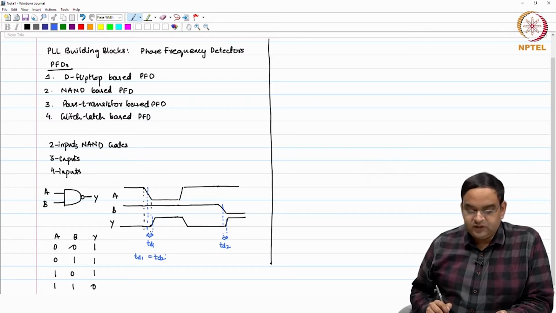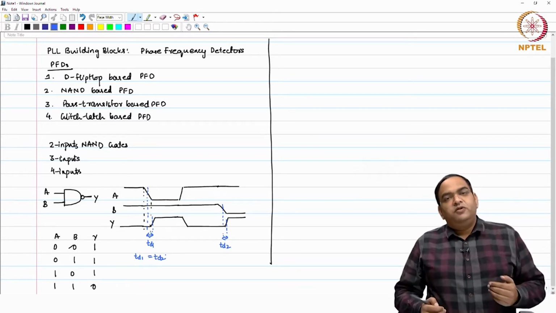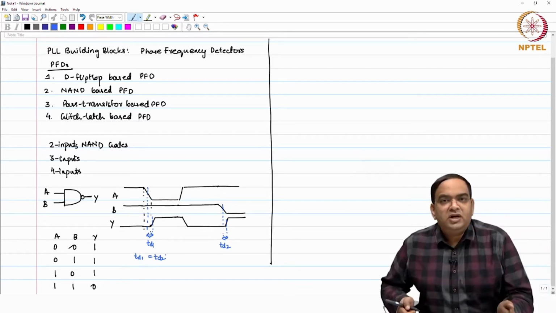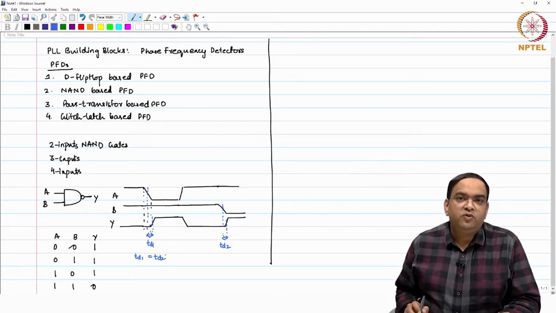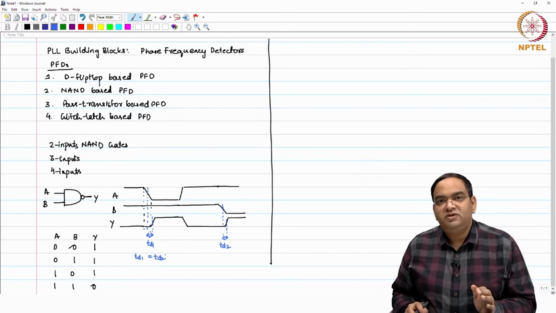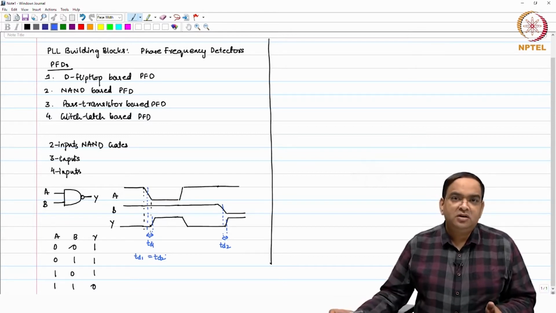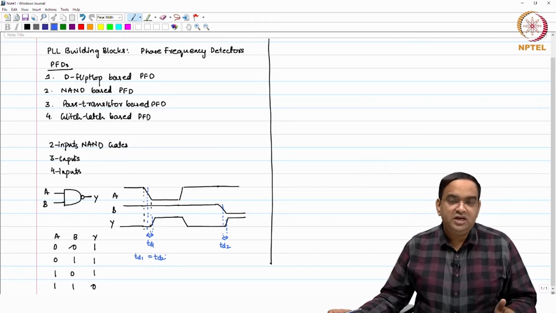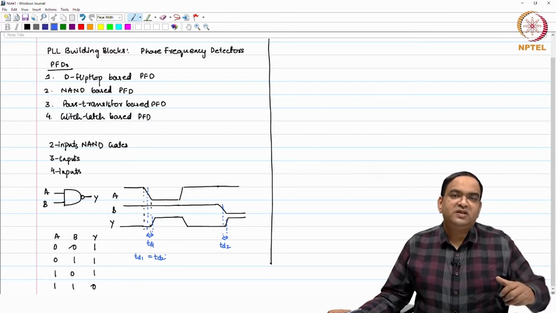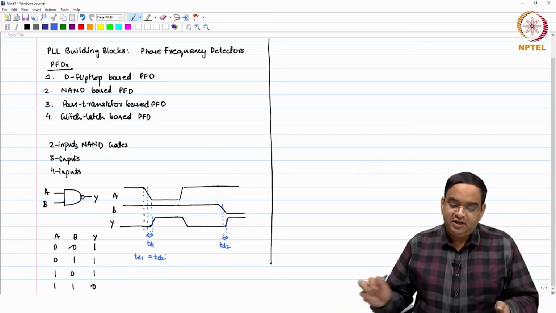The reason is that, because this is a NAND based PFD, your A and B signals will be your reference clock and your feedback clock. If you have a phase error, the output of the PFD should change by the same amount whether the sign of the phase error is positive or negative.